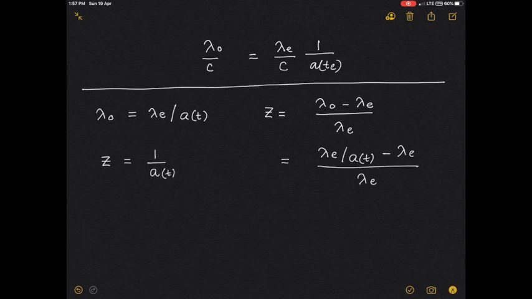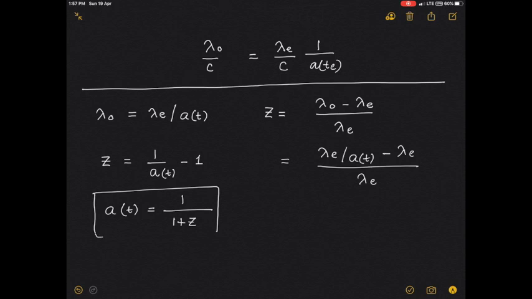So lambda emitted cancels out from everywhere, I get 1 by a minus 1. Or you can write the same thing in a little different way. This is a formula that we'll use again and again in cosmology.